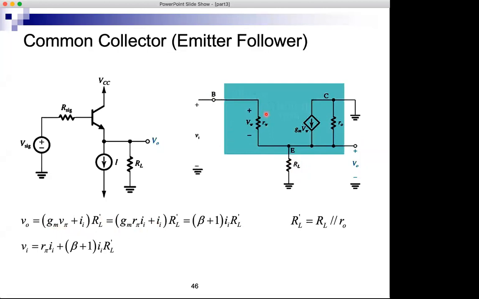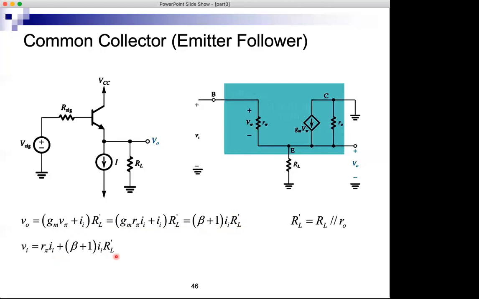Now, V pi is obviously the input current times R pi. And we can replace it here. So R pi Ii is V pi. And we get at the end beta plus 1 Ii times R prime L. The input voltage is the output voltage plus V pi, which is R pi Ii.